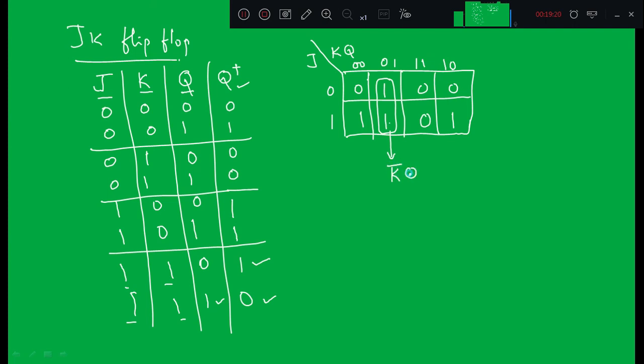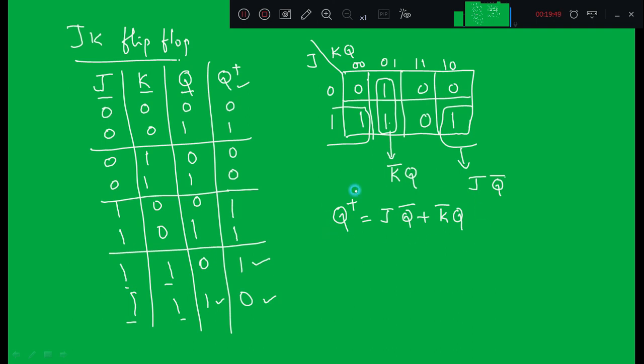It is equal to K bar Q, and this one can be combined with this one, and we can write one more term which is equal to J Q bar, right? So what is the Boolean expression for the JK flip-flop? It is Q plus is equal to J Q bar plus K bar Q, right? So this is the characteristic equation of the JK flip-flop.